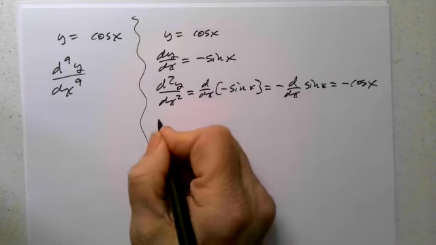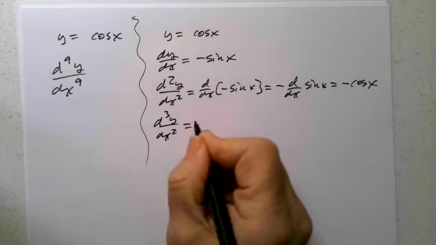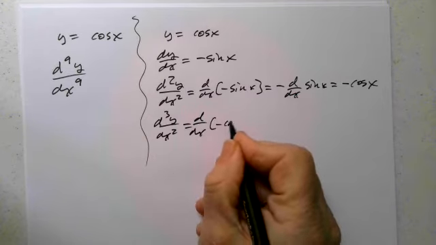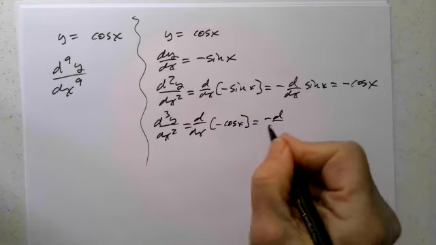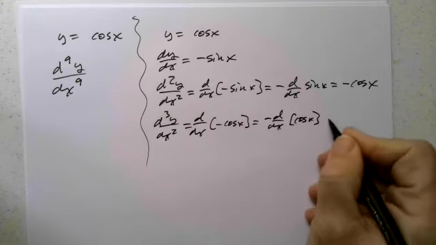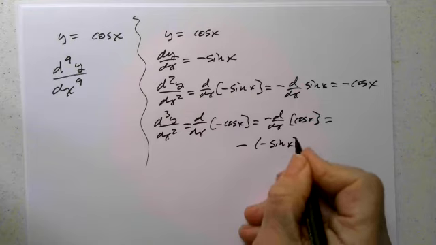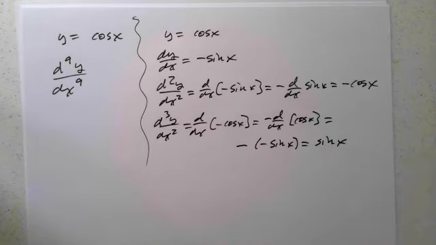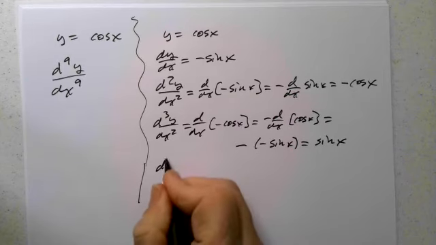Third derivative is the derivative of minus cos x, which is minus the derivative of cos x, which is minus sine x, which equals... well, minus minus sine x is sine x. So the fourth derivative is the derivative of sine x, and we're back to cos x.